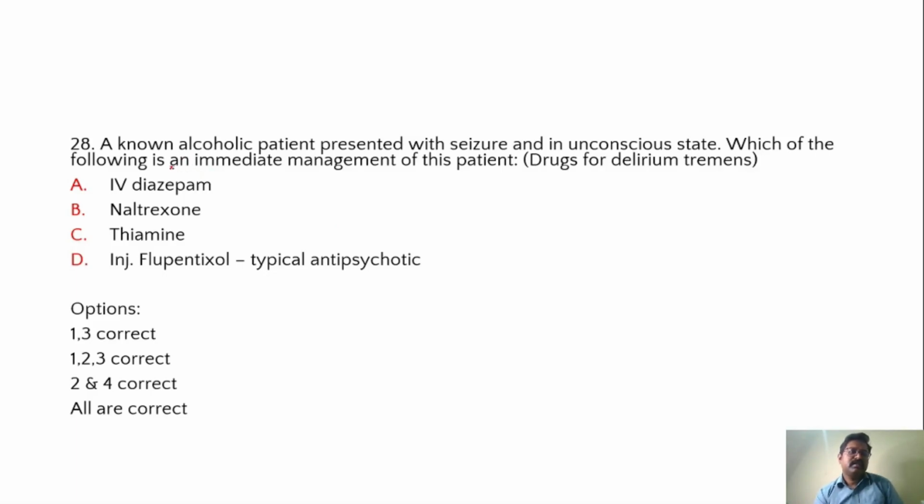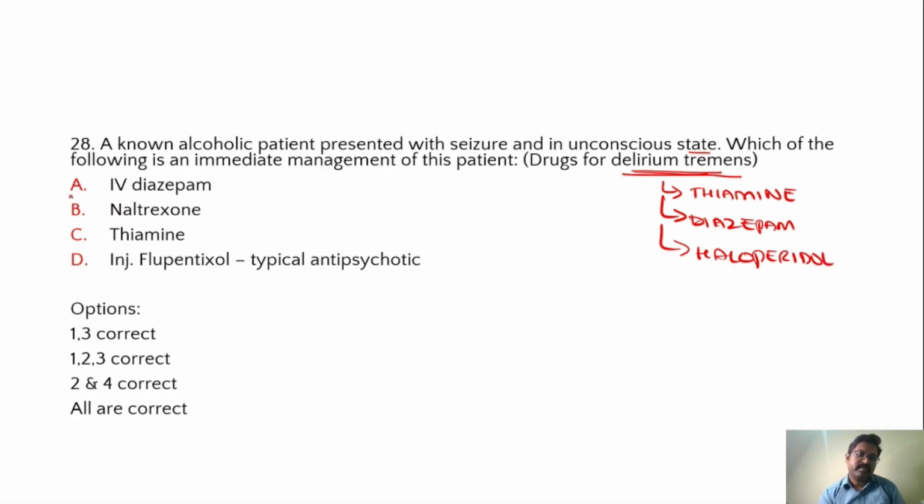Next, coming to the question: a known alcoholic patient presented with seizure and he was in an unconscious state. Which of the following is an immediate management of this patient? So here the case is about delirium tremens. Under delirium tremens, you can go for thiamine, you can go for diazepam, and you can go for haloperidol.